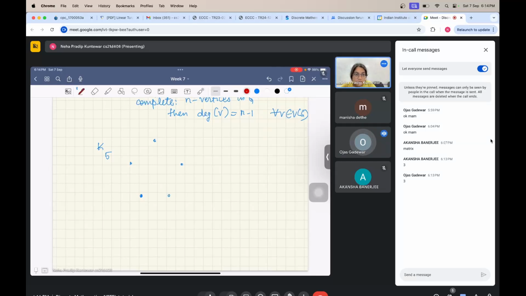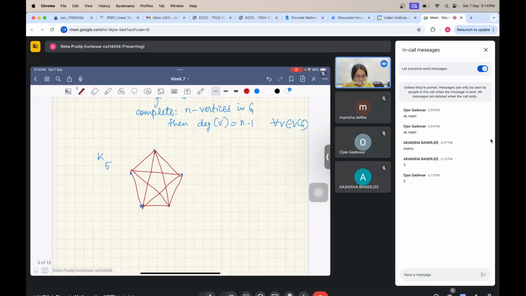Ma'am, it would look like a pentagon and a star in it. Okay, right. So you draw all possible diagonals in the pentagon that you have. Yes, so this will look like a star. So this is an infinite family of graphs. You can similarly have K6, K7 and so on.